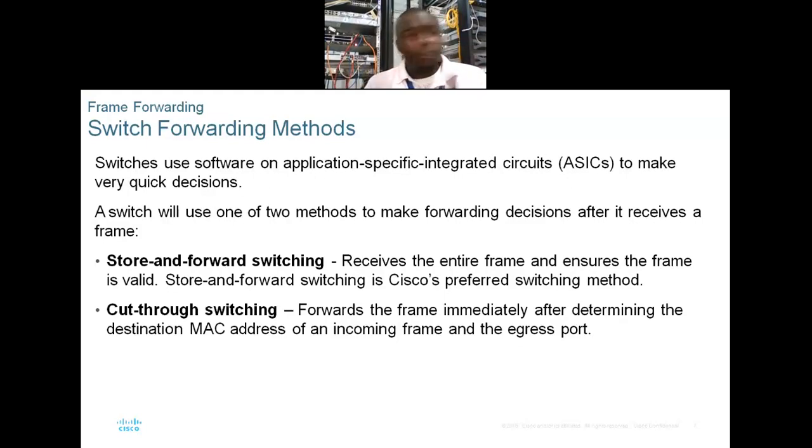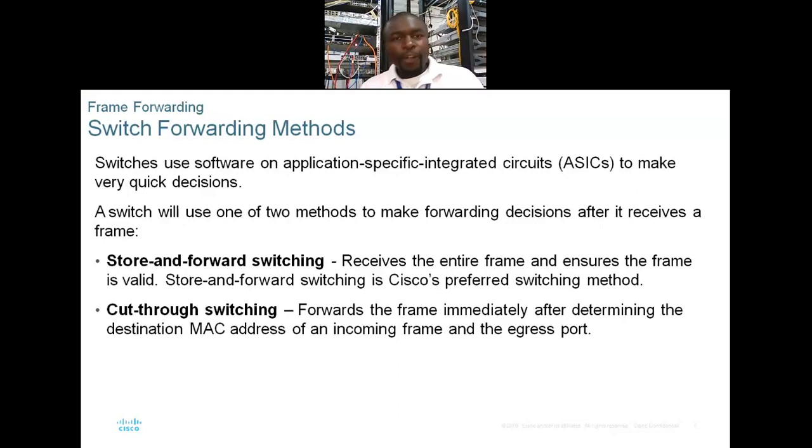And how does it even know whether there are errors? It's going to calculate, or there's one they call CRC, cyclic redundancy check. It's going to calculate the size of the frame and compare it to the size that the sender says the message is. So within that particular frame, there is the size of the frame, or the size of the data.